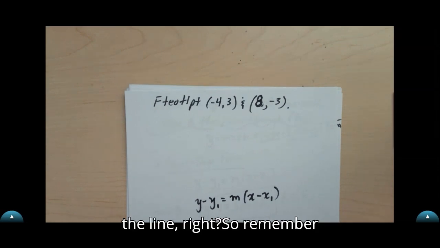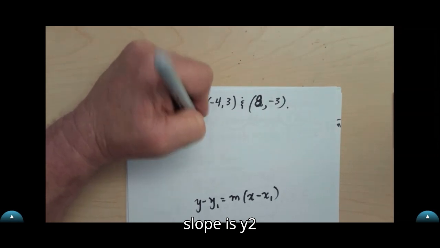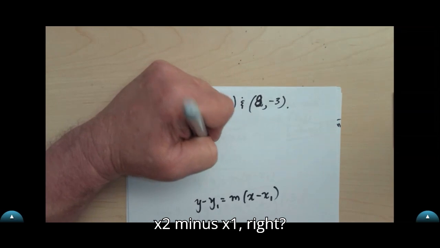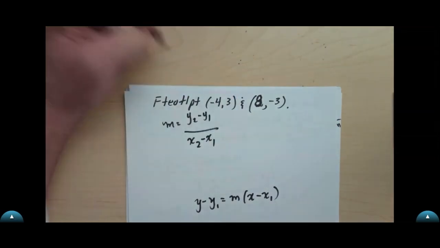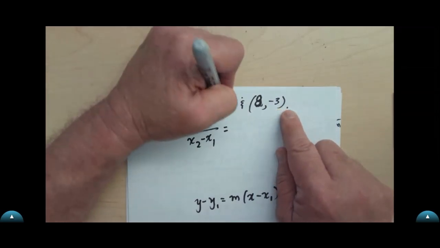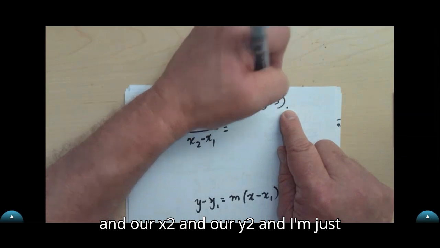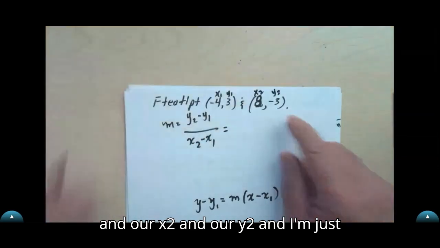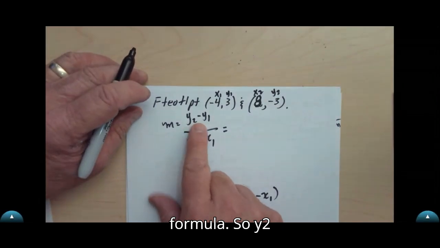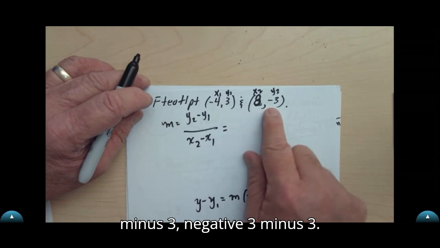So do y'all see that we're going to have to use that slope formula to find the slope of the line, right? So remember, slope is y2 minus y1 over x2 minus x1, right? And so we have our x1 and y1 and our x2 and our y2, and I'm just going to plug them into that slope formula. So y2 minus y1 is going to be -3 minus 3.